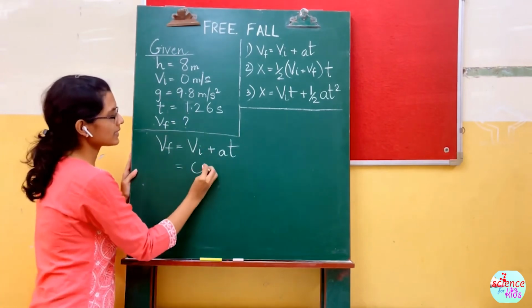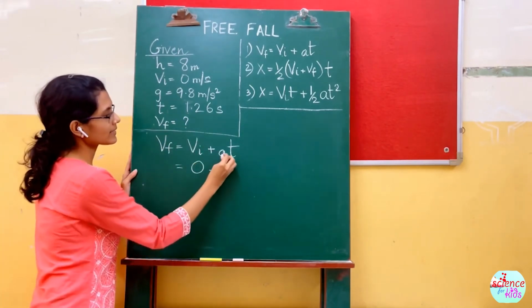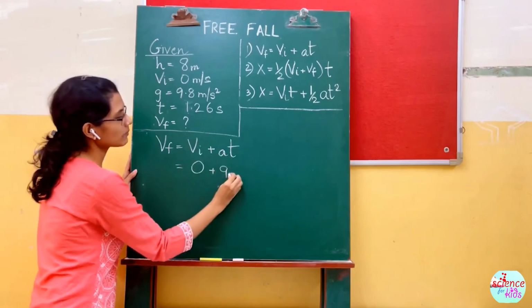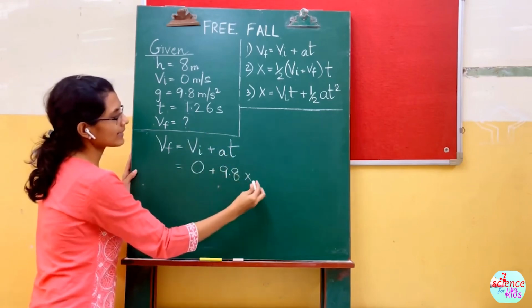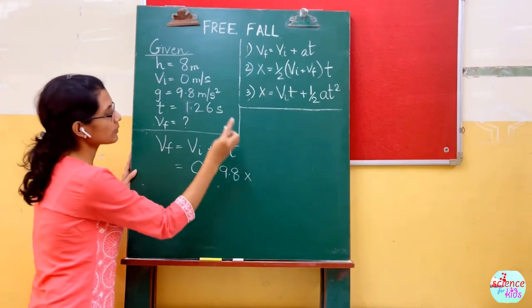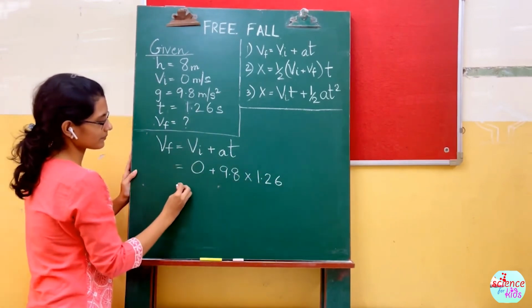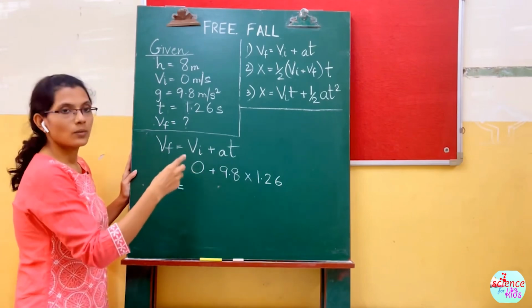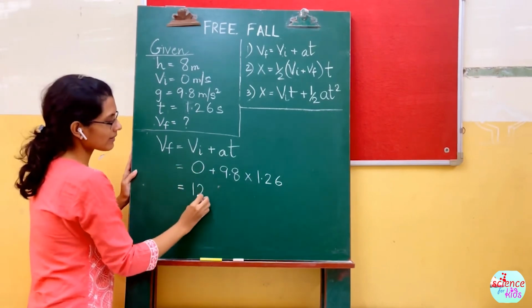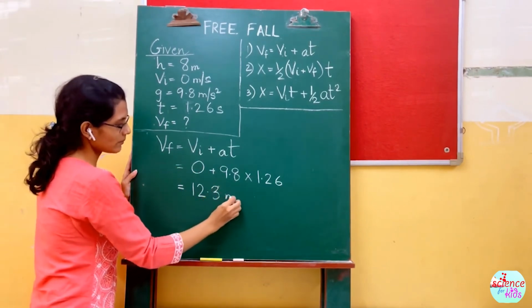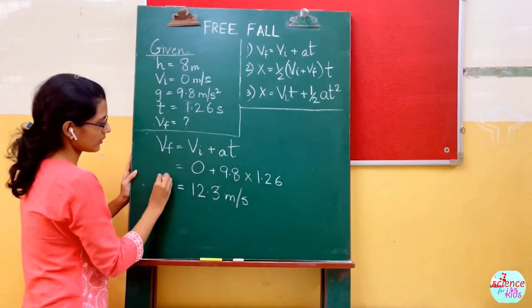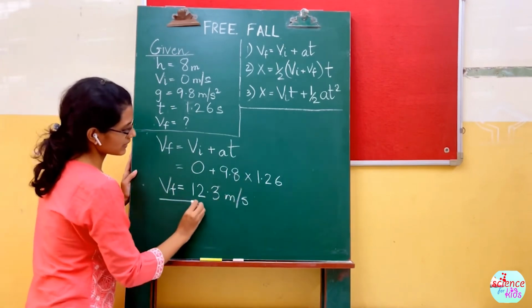Initial velocity is 0, acceleration due to gravity is 9.8 and time is 1.26 seconds. Once we do the math, the final answer is 12.3 meter per second, which is the final velocity.